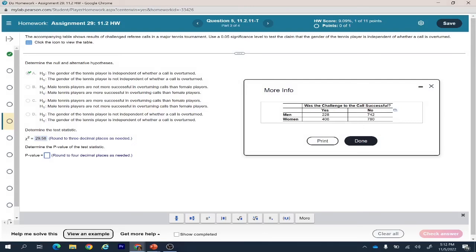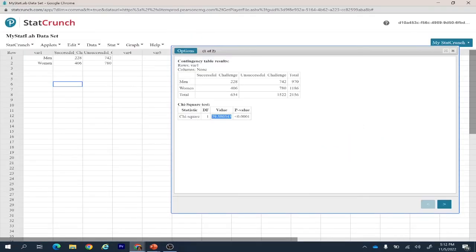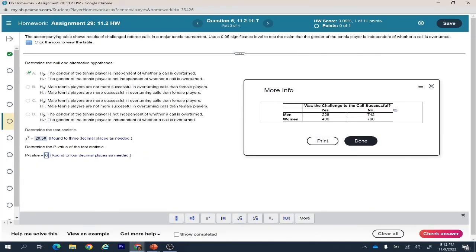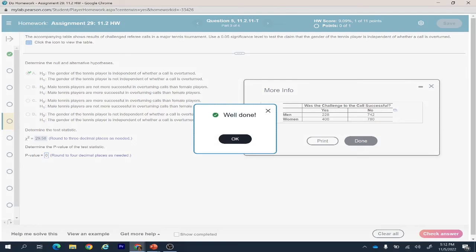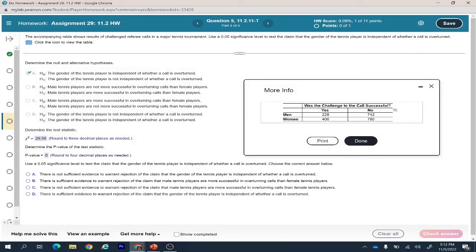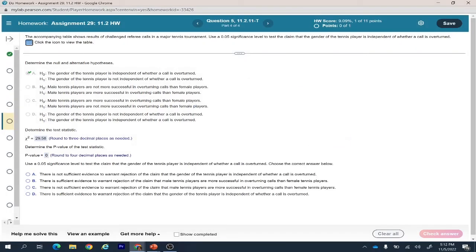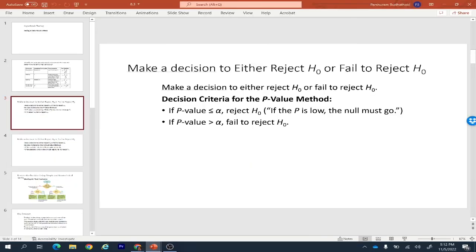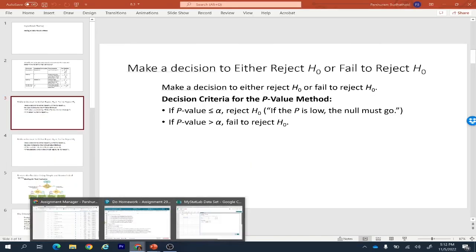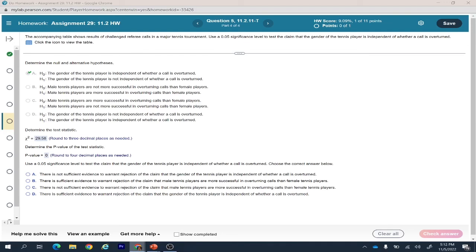Okay, what is the p-value? The p-value is, as you can see here, less than 0.0001. If you round it to 3 decimal places, it would be 0. So remember, the p-value is less than alpha, so we reject the null hypothesis. So which one is the right option here?